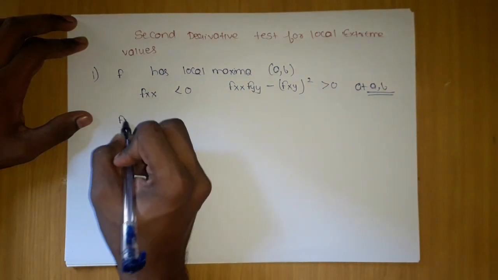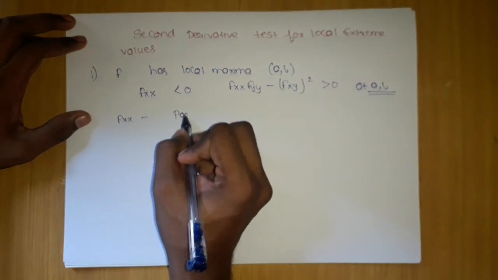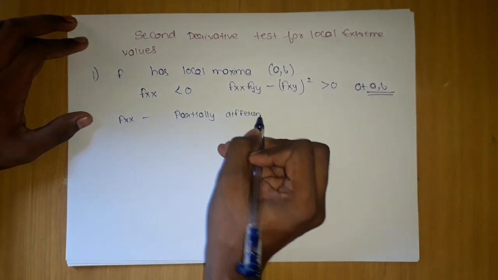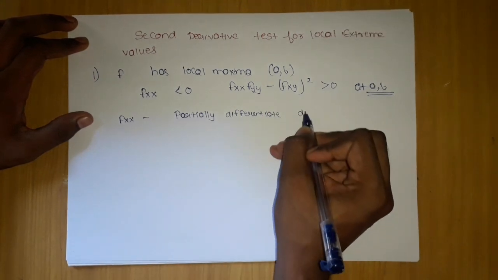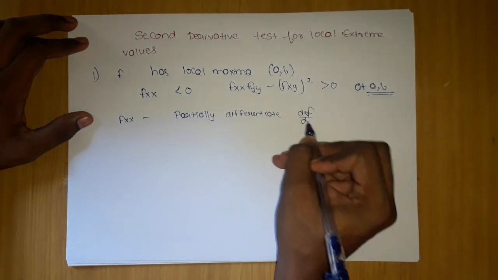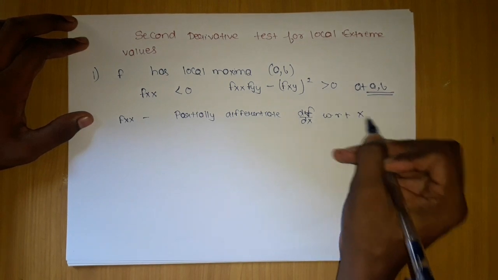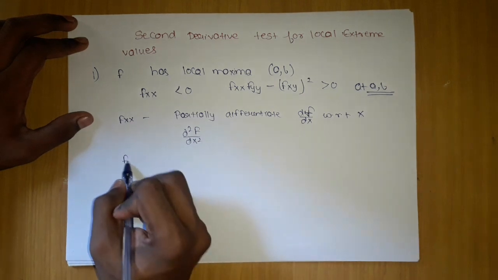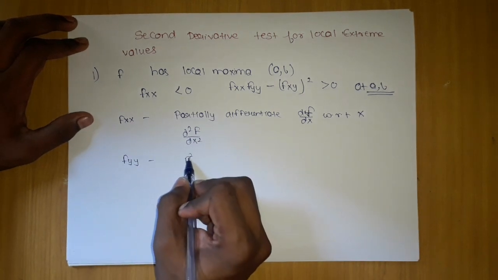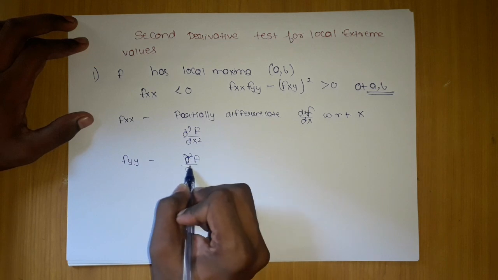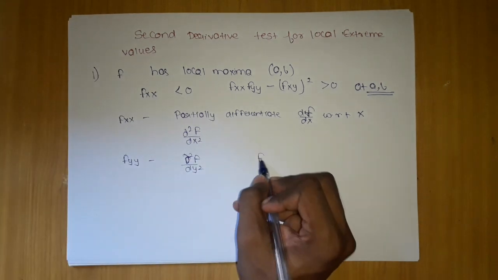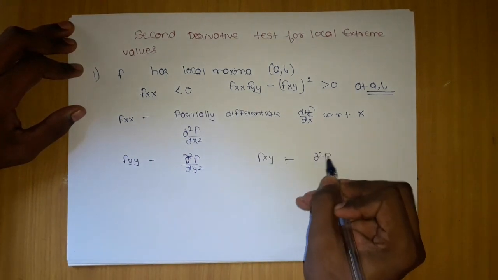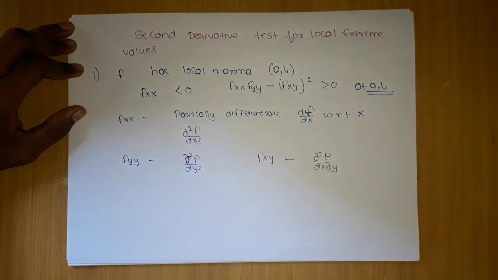What this means is we partially differentiate dou f by dou x with respect to x, which will give you dou square f by dou x square. Similarly, f of yy is nothing but dou square f by dou y square, and similarly, as you have studied in partial differentiation, this is nothing but dou square f by dou x dou y.